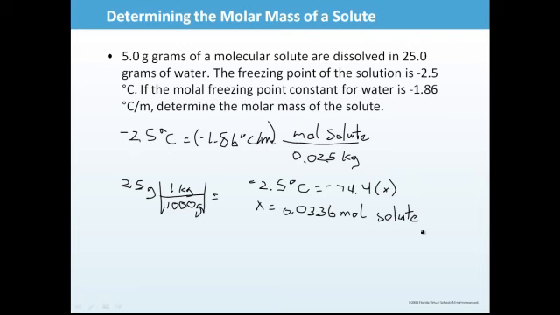Now remember, molar mass is grams divided by moles. The problem tells us the grams. If we look at the problem here, it told us that we had 5 grams of the molecular substance.